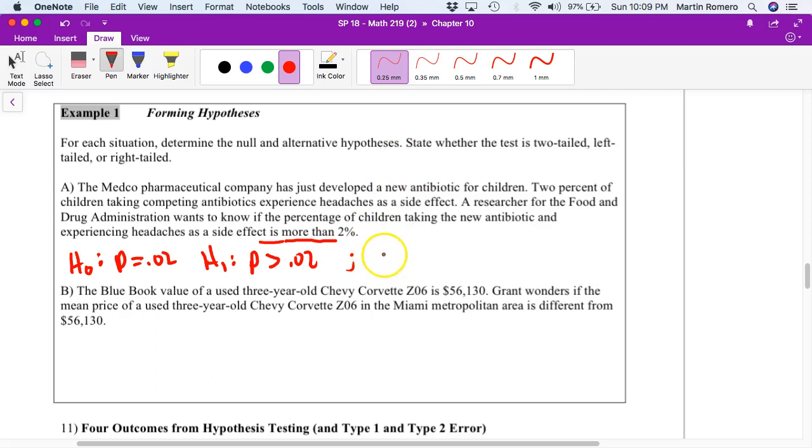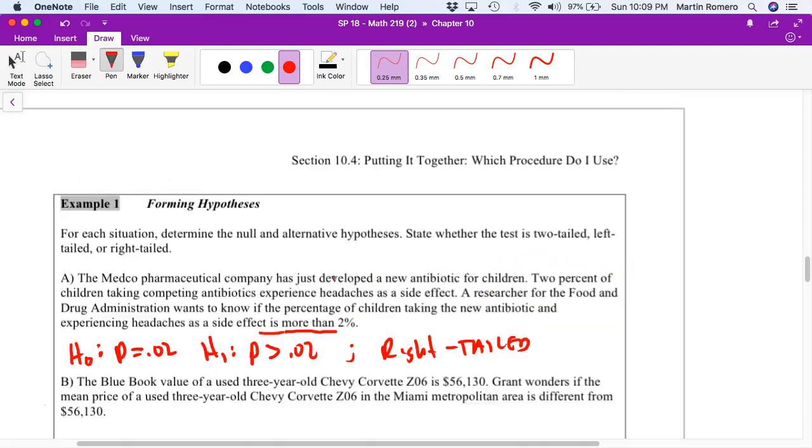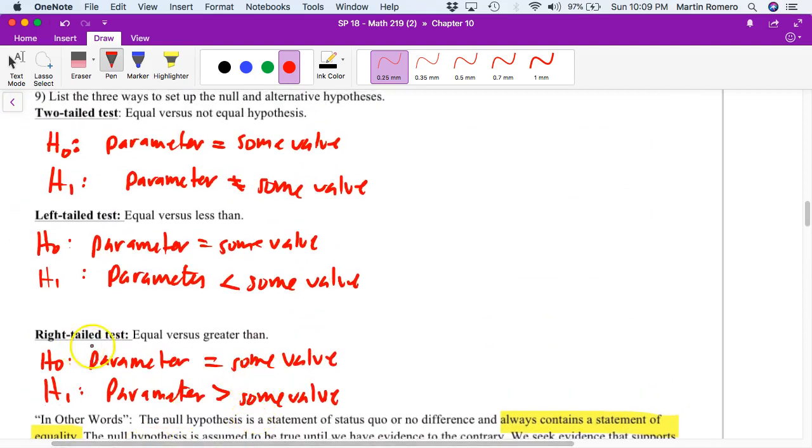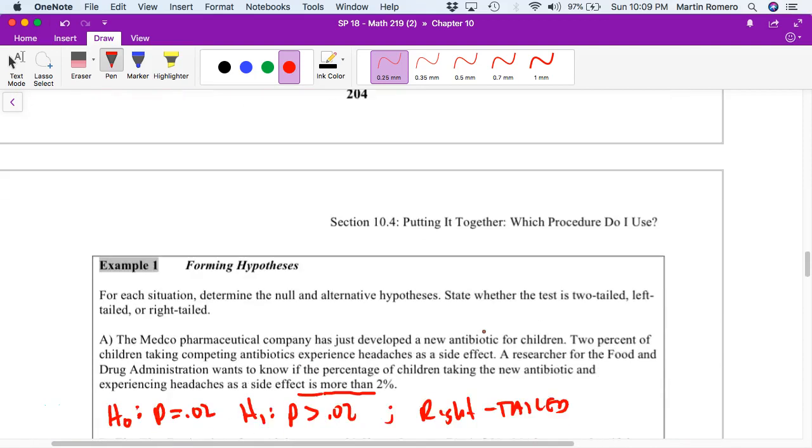And this would be a right-tailed test. Again, P is greater than, so that would be to the right of a normal curve. The greater than means we're talking about a right tail. We also go back to our notes here: when it's a greater than, it's a right-tailed test.